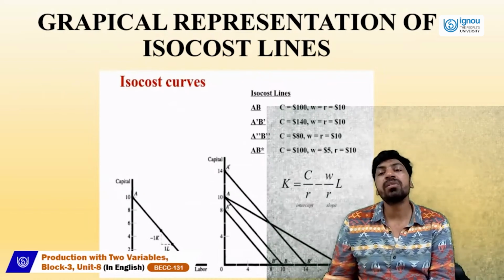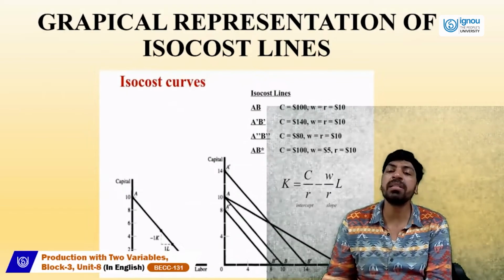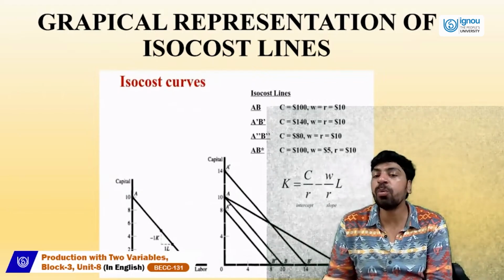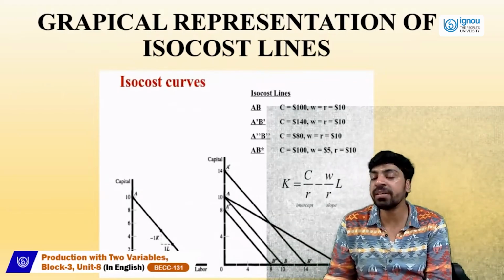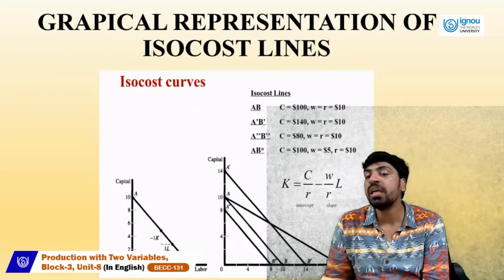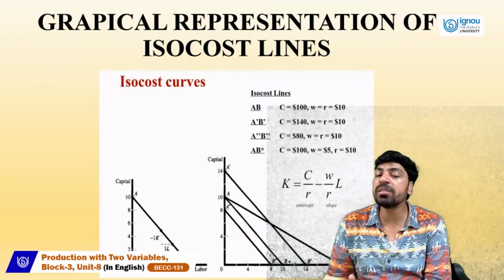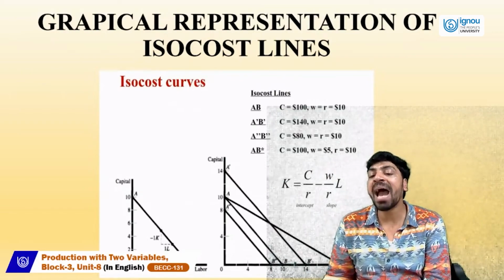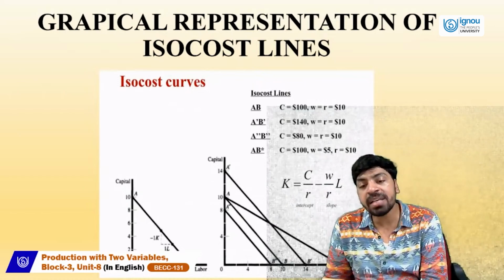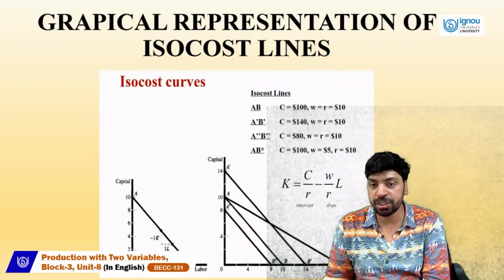Now, in the second graph, the cost is given and the interest and wage are equal. If there is a change in the wages and the interest, then the isocost line will shift parallel to another isocost line, that is AB to AB dash.